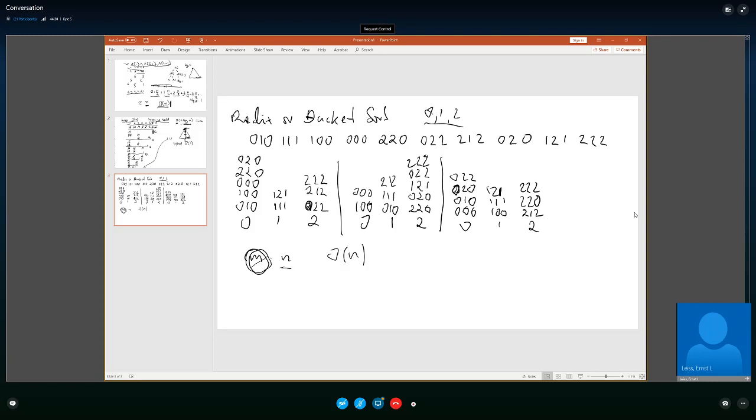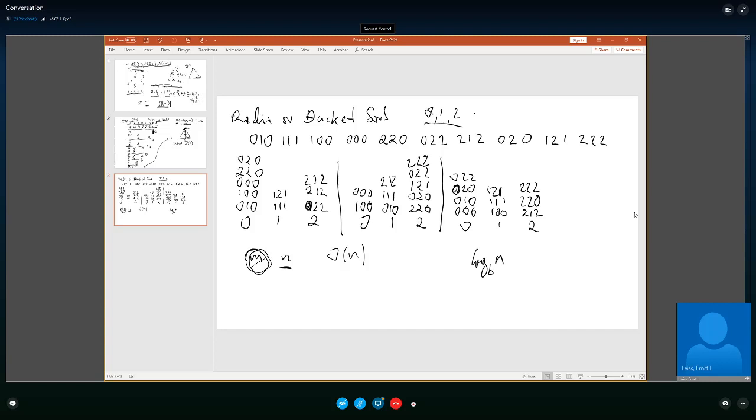Because in order to represent n things, if we have b elements, in this case we have 0, 1, and 2, so b would be 3, we need log base b of n length of the strings minimally in order to represent n things. If b is 2, if these were binary strings, then it would be log base 2 of n.